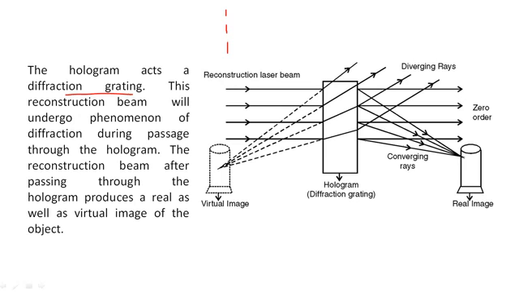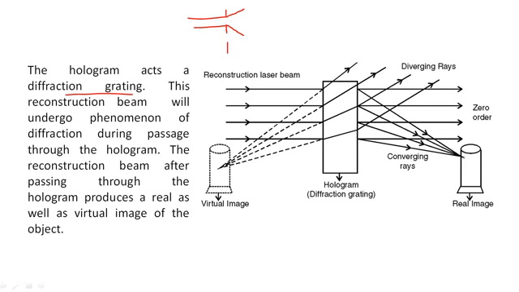Otherwise, the diffraction grating means the grating used to diffract the rays. It consists of an opaque portion, then a transparent, opaque, transparent, opaque, transparent, and the light will pass through it and will be diffracted. It will bend at the corner of an obstacle. So what happened in the recording process?